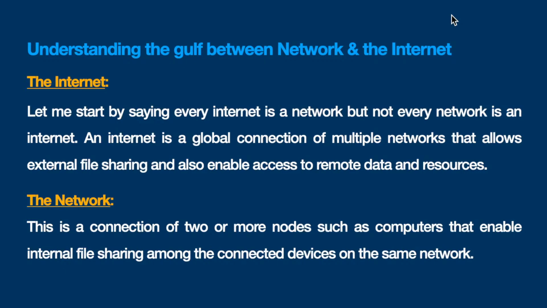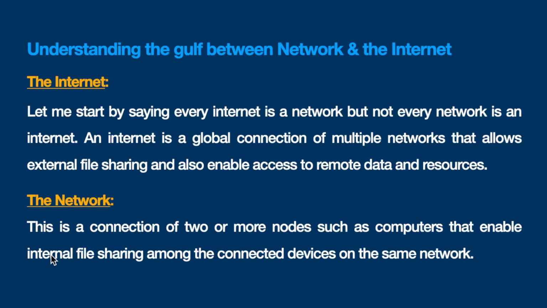All right. So the network is a connection of two or more nodes, such as computers, that enables internal file sharing. Underline the word internal: data, files or resources. The internal refers to the relative data you have on your system or within the geopolitical zone where you are located.